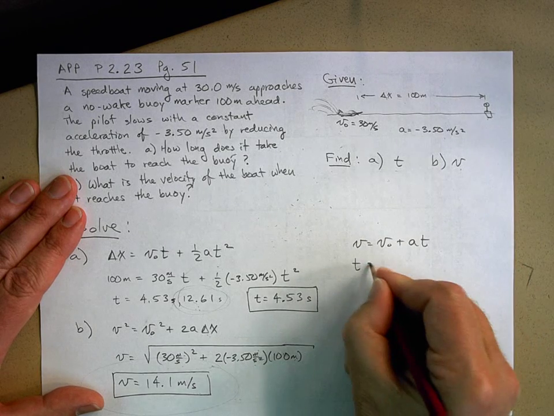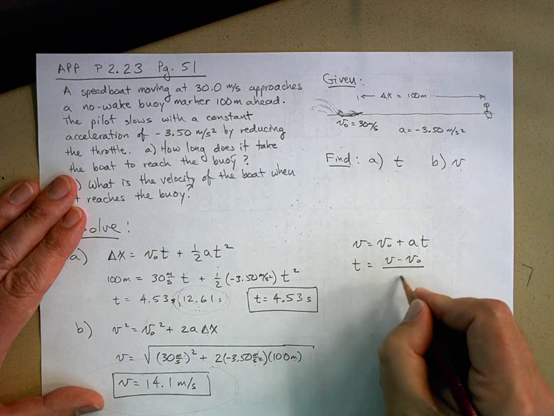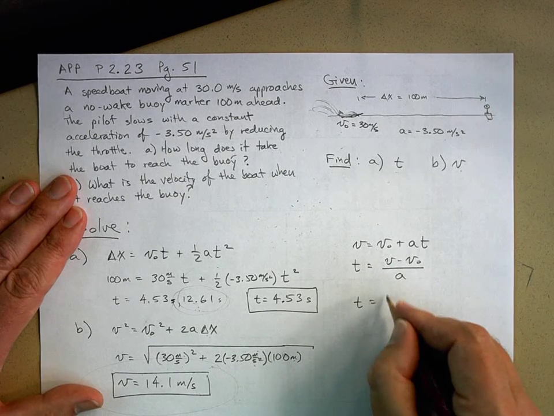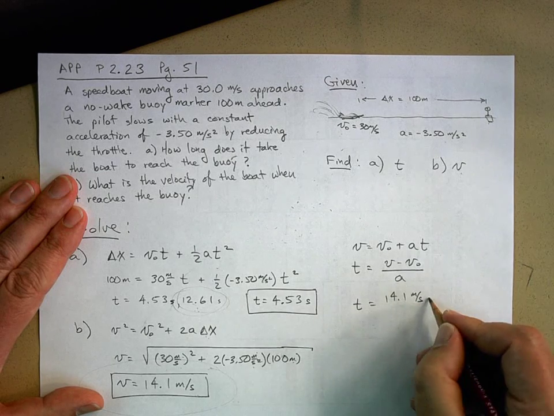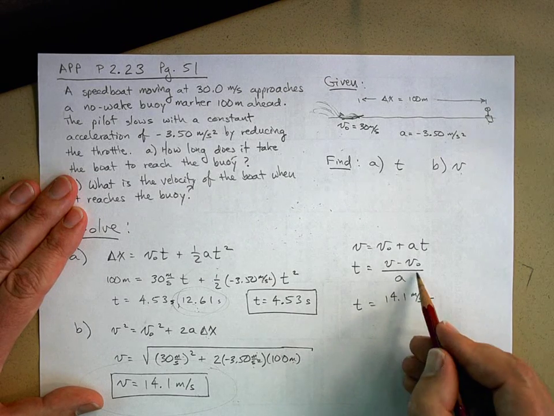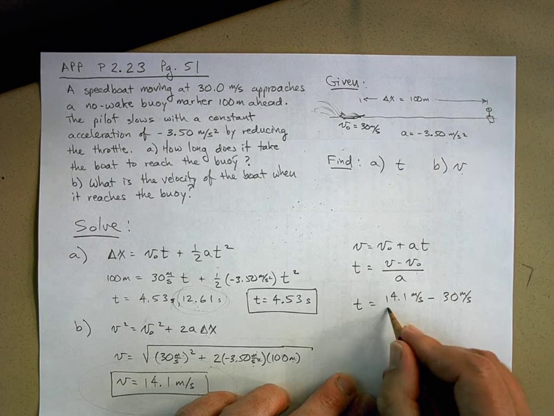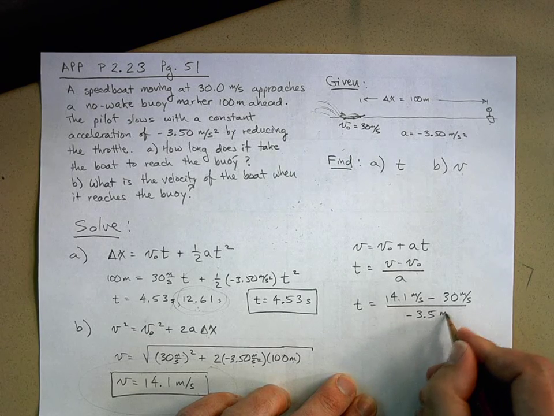So t is equal to v minus v naught over a. So t is equal to 14.1 meters per second minus 30 meters per second, divided by negative 3.5 meters per second squared.